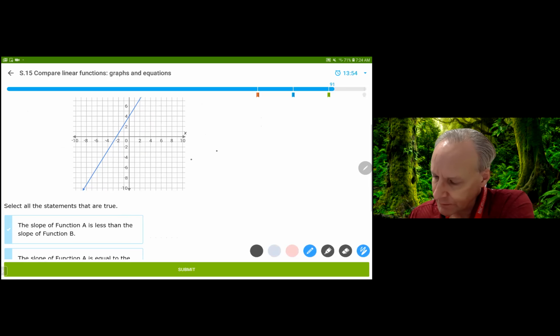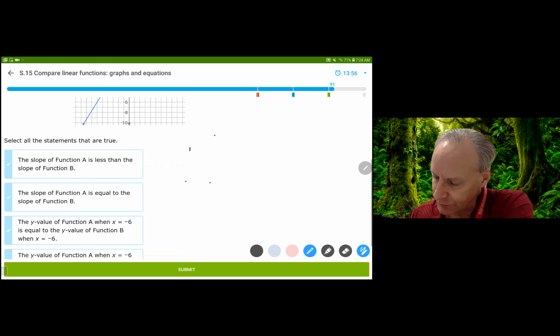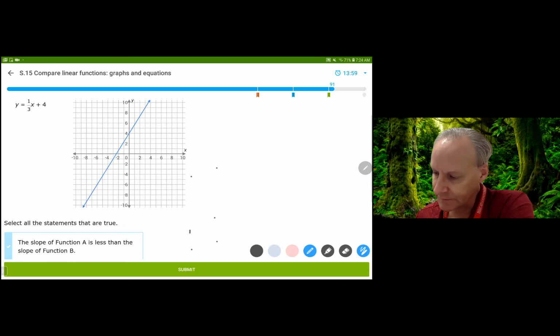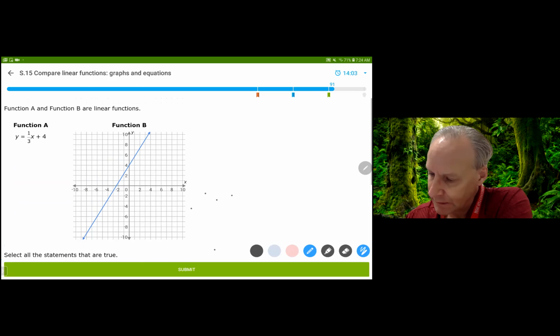Okay, 1/3, and we're comparing the slopes and at -6. So we want to do two things. We want to compare the slopes. Let's see. Here's function a, it's at 1/3. Function b is, well, it's hard to read, but it's definitely bigger than 1/3. It's up 1, 2, 3, 4, 5 over 3. So the slope of this function b is 5 over 3.